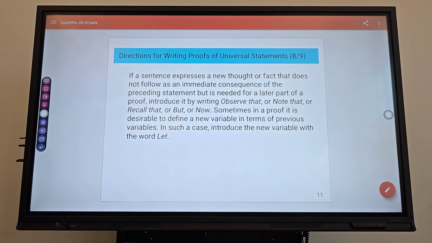If a sentence expresses a new thought or fact that does not follow as an immediate consequence of the previous statements, but is needed for a later part of a proof, introduce it by writing observe that, or note that, or recall that. Sometimes in a proof it is desirable to define a new variable in terms of previous variables. In such a case, introduce the new variable with the word let.